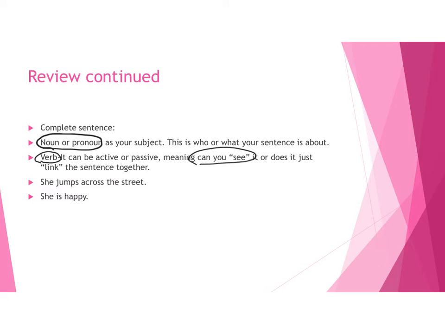She is pretty. You can't really see is pretty, so that's more of a linking verb. Okay, but it's still a verb. Okay, so some of them do just link or help. Okay, it can be a helping verb in a sentence. So just keep in mind that not all verbs can be seen. You have helping or linking verbs.